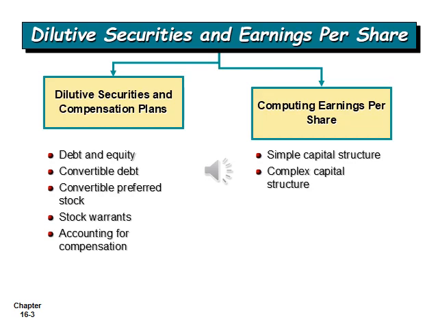The basic earning per share will be determined when we have simple capital structure. Simple capital structure means that we don't have convertible stock, bonds or preferred stock.